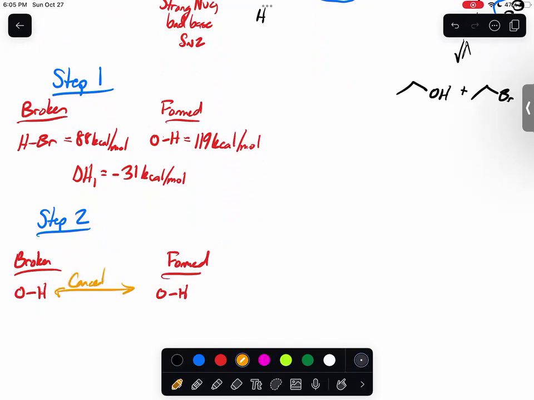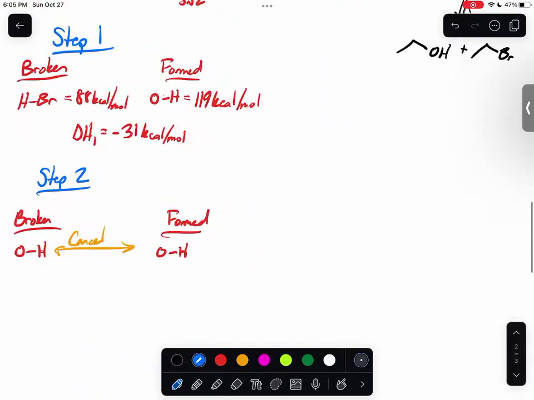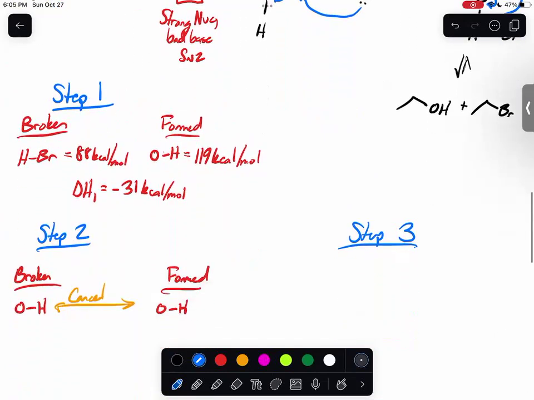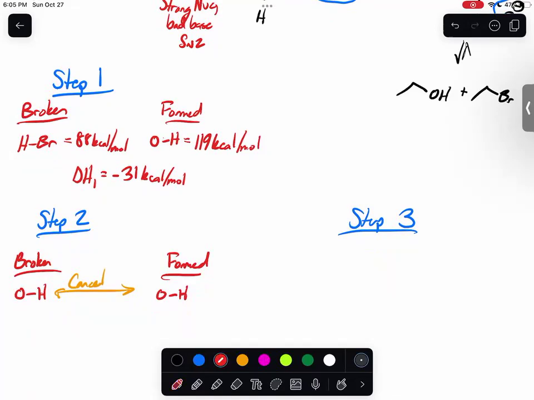Then if we look at step three, right, we'll draw that down here so that we're still close to our reaction. We are breaking the carbon-oxygen bond and forming the carbon-bromine bond. All right, and as a note for this one, these are primary bonds. So it is a primary carbon-oxygen broken, and then formed is a primary carbon bromine bond.